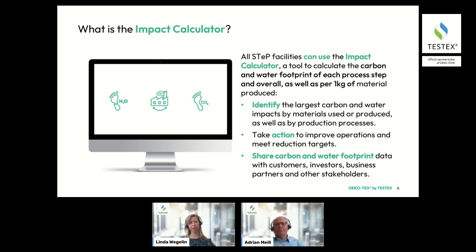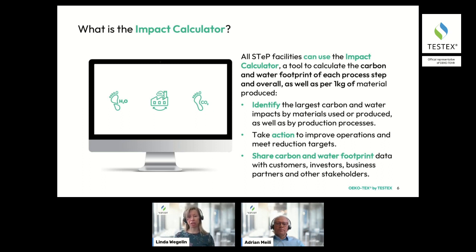So I see the parts which are highlighted here, and I would like to reiterate them because we'll have a demonstration of the impact calculator as well. On the one hand, you can identify where your environmental hotspots lie, because you can enter all of the data in detail, which we will see afterwards.